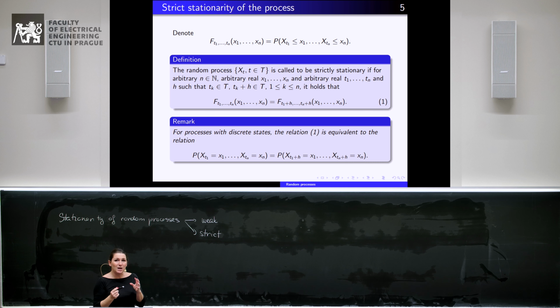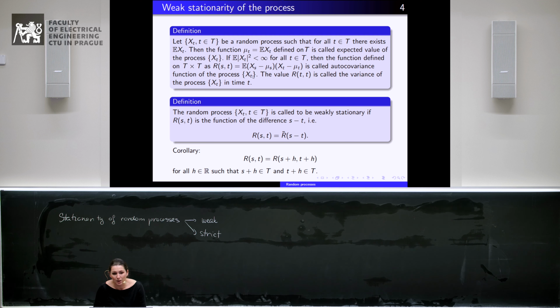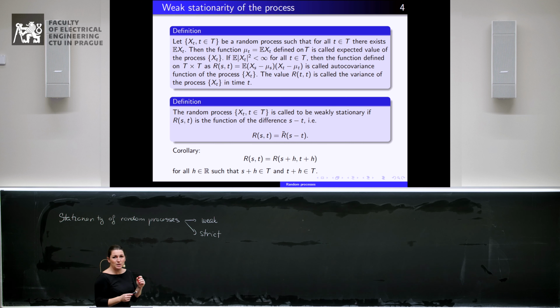But I just explain the difference. The weak stationarity is connected to so-called autocovariance of the process, and the autocovariance is defined here in the 4th line of the definition as the covariance between 2 values whose distance is constant. And the process is called weakly stationary if this autocovariance function is constant.